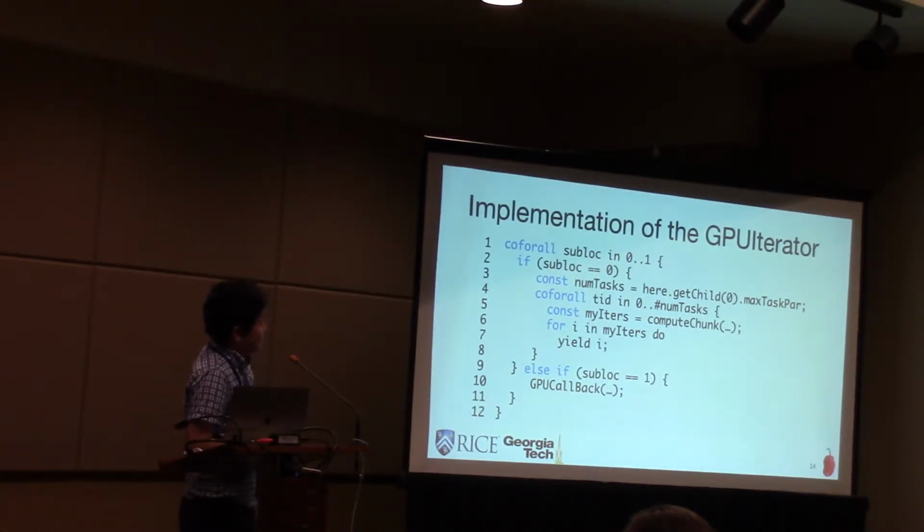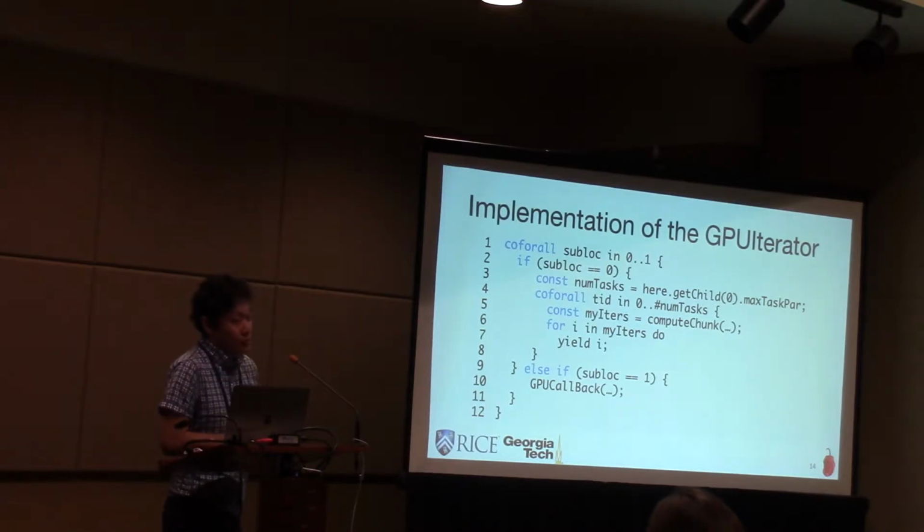This code is not great, but on line number 2, if the sub-locale is 0, which is for the CPU portion, we compute the sub-range for the CPU portion by getting some locale information.